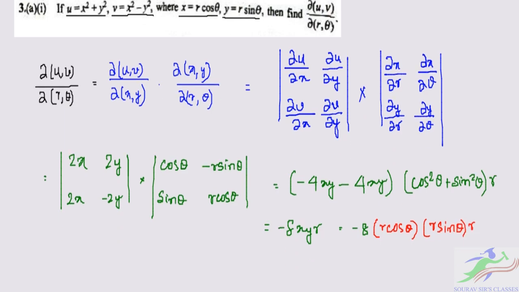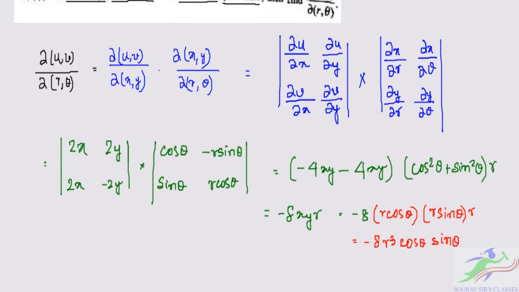So we have the final answer as minus 8 r cube cos theta sin theta. This is one of the forms, and simply we can write this as minus of 4 r cube sin 2 theta.